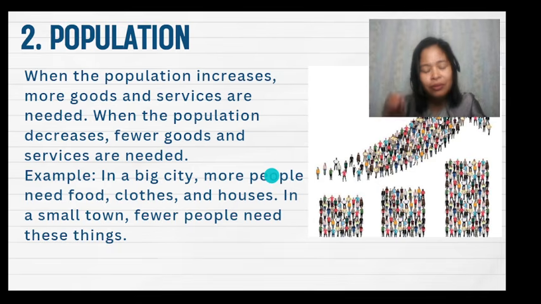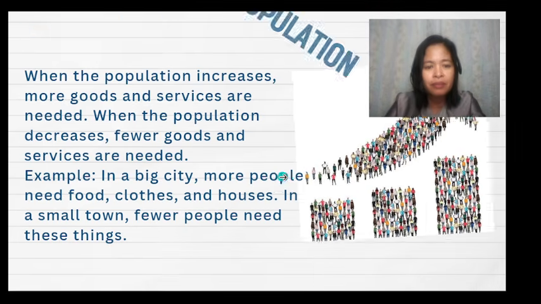As you can notice, yung mga malalaking malls, malalaking mga grocery, they will establish their physical store in a very strategic place, yung maraming tao. Kasi pag maraming tao, maraming bibili. So the population influences demand.